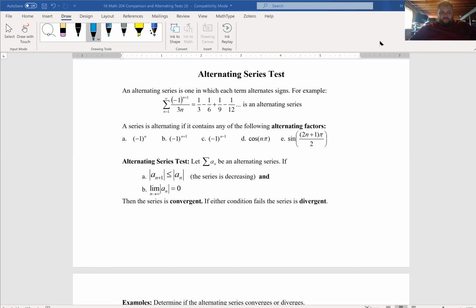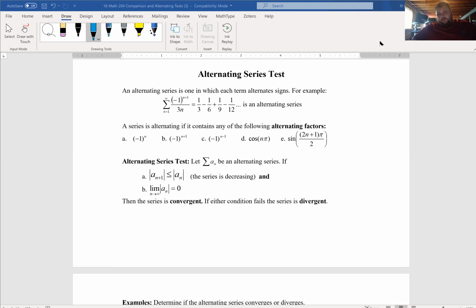We could also have trig functions like cosine n pi. Right, so you know cosine of pi is -1. If n was 0, for instance, cosine of 0 is +1. So that alternates back and forth. What about the sine one here? Actually, let's start with n equals 0.